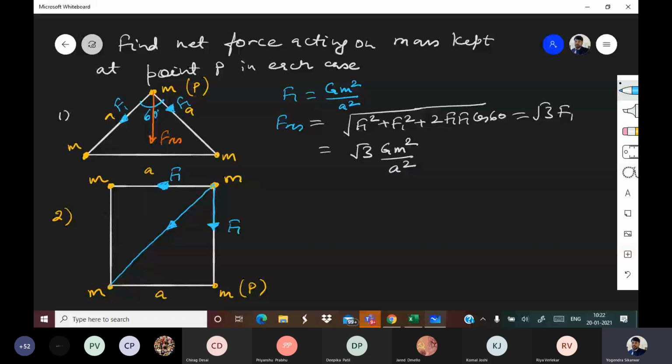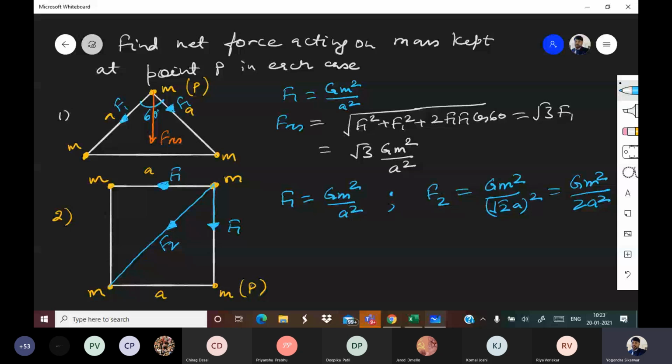F1 will be Gm square upon a square. F2 will be Gm square upon root 2a whole square, and that will be Gm square upon 2a square.